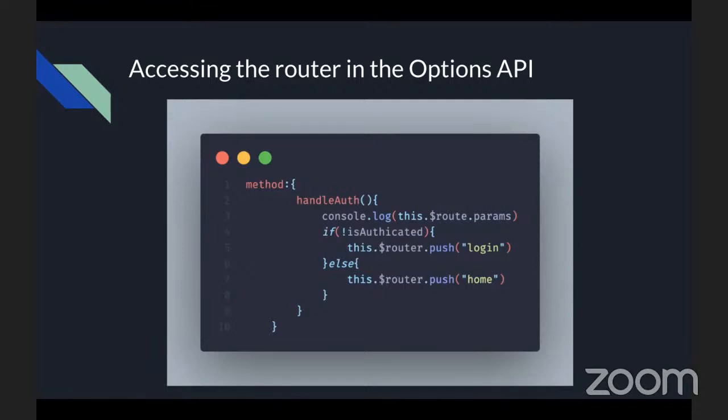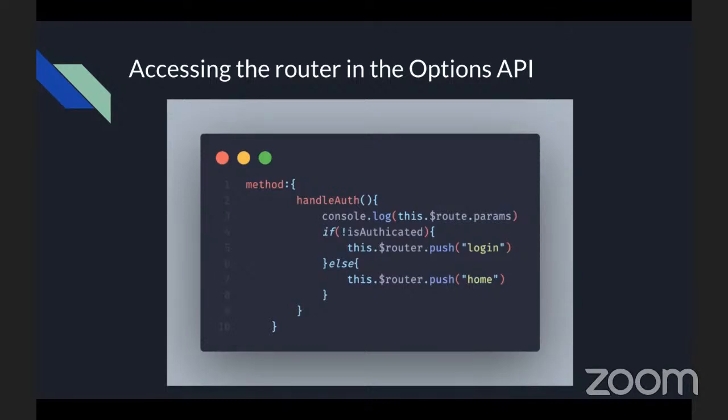Let's say you want to access the route params or have some context about the particular route that you are on, you have to go through this.$route.